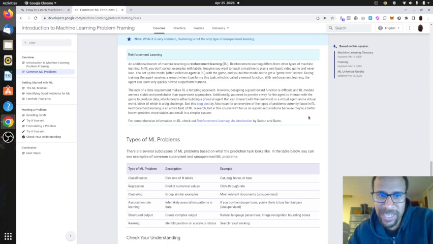During training, the agent receives a reward when it performs its task, which is called a reward function. With reinforcement learning, the agent can learn very quickly how to outperform humans, because it quickly learns it doesn't like failing.